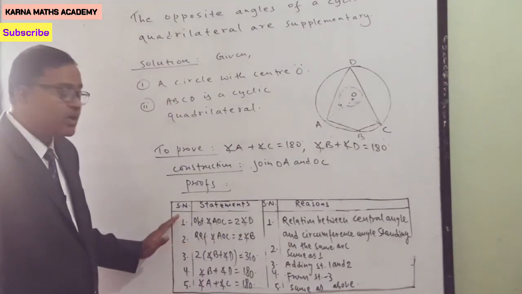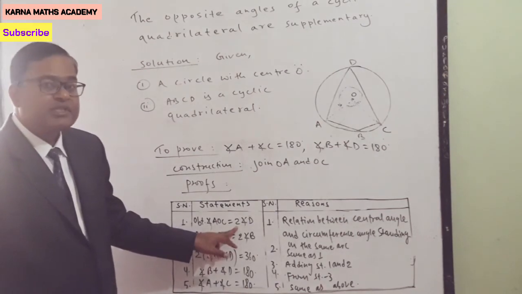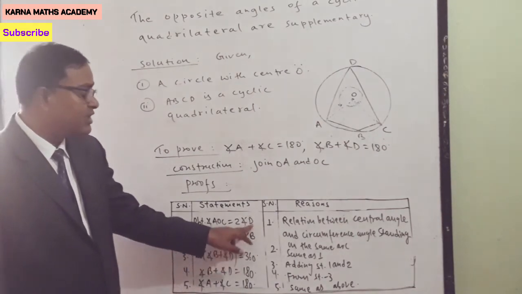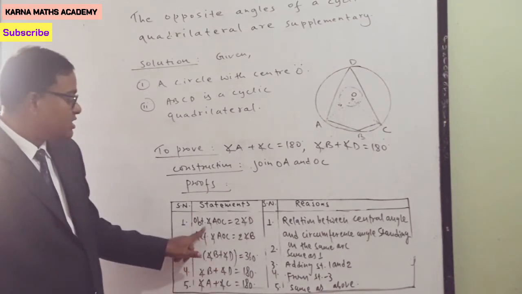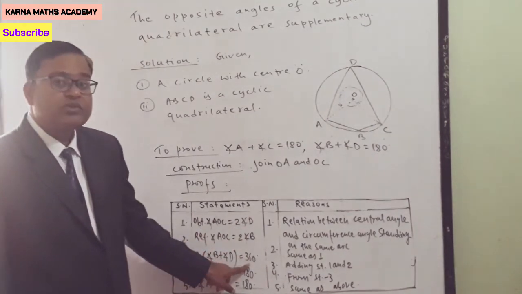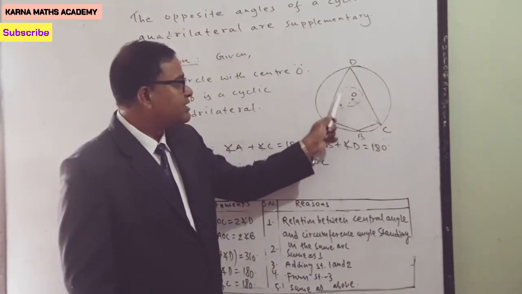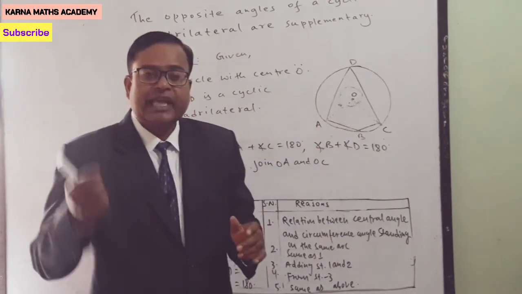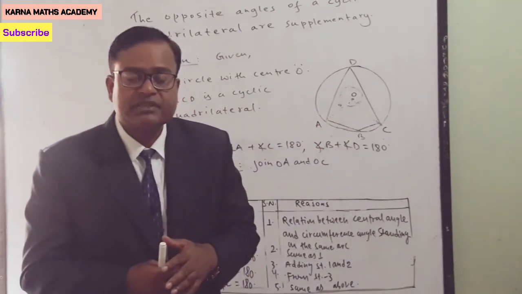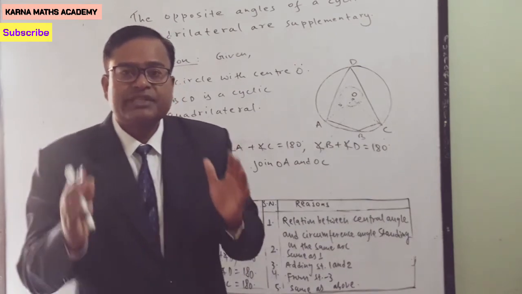Dear students, now in statement number 3, we have got by adding the statement number 1 and 2. So if we add statement 1 and 2, we can take 2 common, then we get B plus D. Now the sum of obtuse angle and reflex angle will be 360 degree. The sum of obtuse angle AOC and the reflex angle AOC, we get 360 degree, because we know that angle made in one complete turn, or we can say the sum of angles at a point is always 360 degree.